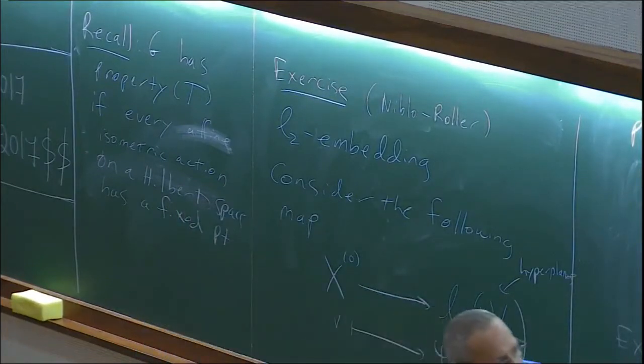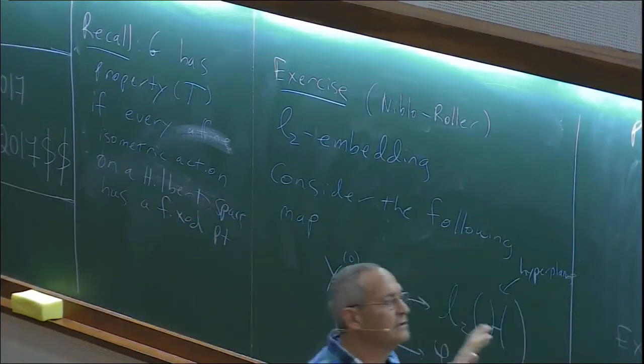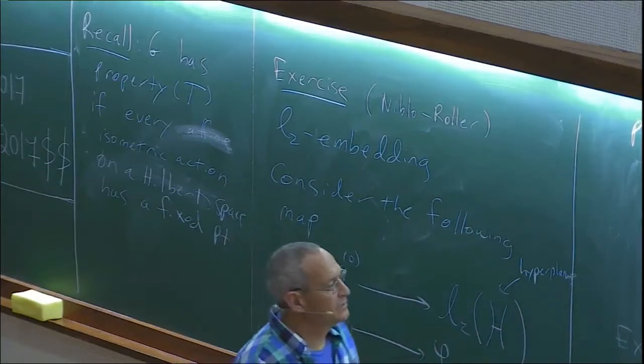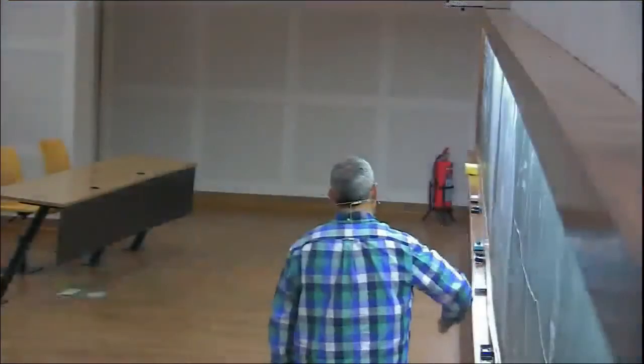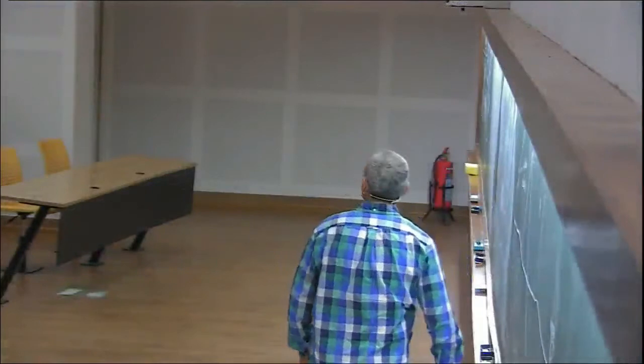So if you had a proper action on a cat-zero cube complex, then you get this. So that's a nice thing to work through. You think about this action and how it's extending this thing.